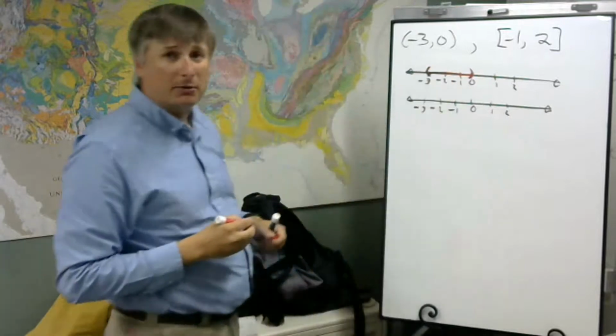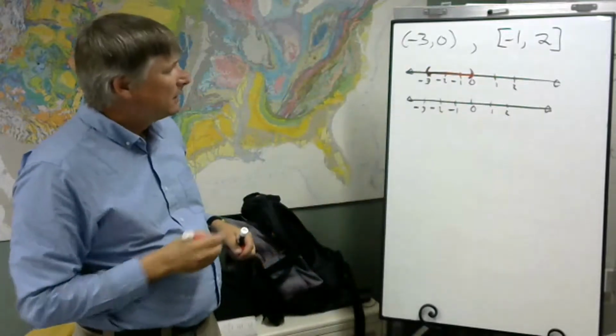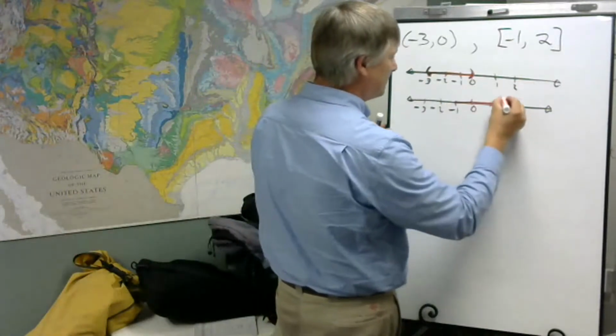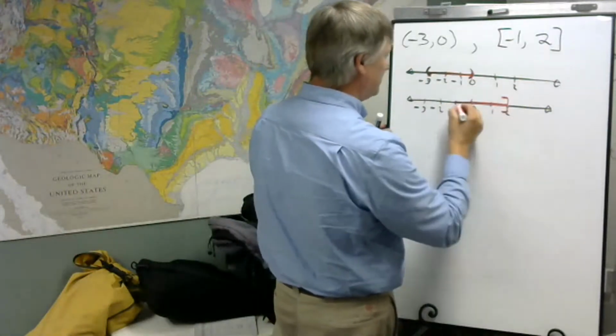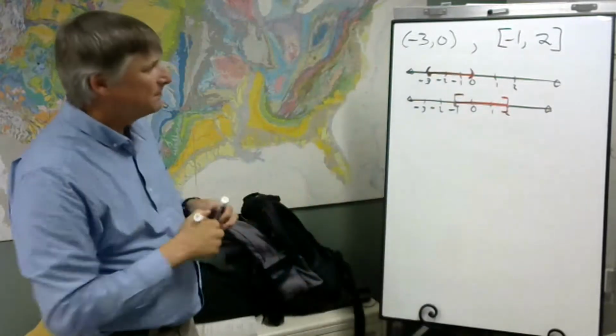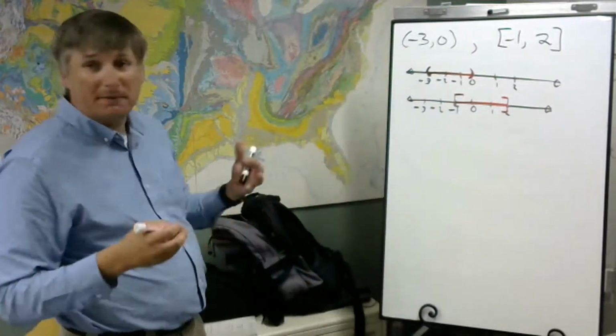We don't include -3. For this other interval, we have -1 to 2, but we do include -1 and 2. So let's look at the union.